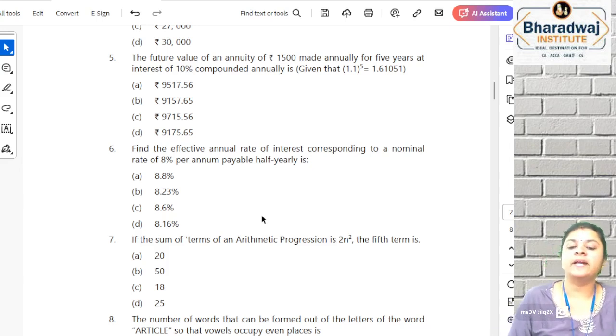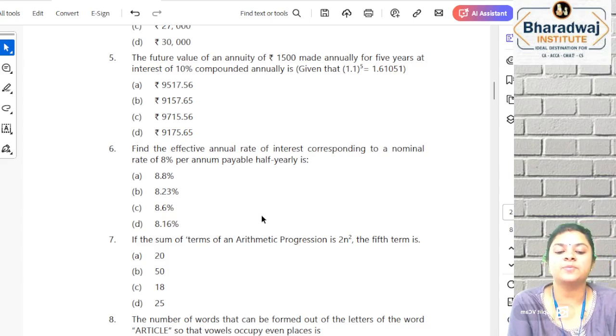Sixth one, find the effective annual rate of interest corresponding to a nominal rate of 8% per annum payable half yearly. So, what is the effective rate formula? 1 plus i by m, where m is the number of times, the whole power m, minus 1.